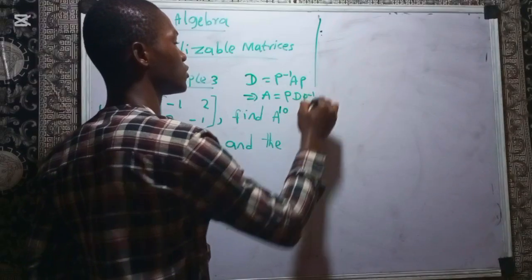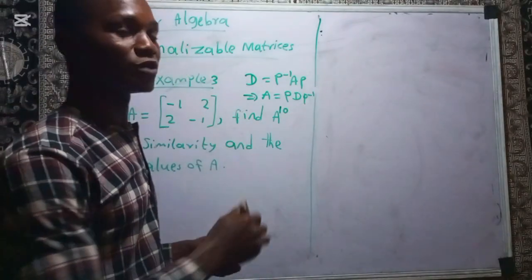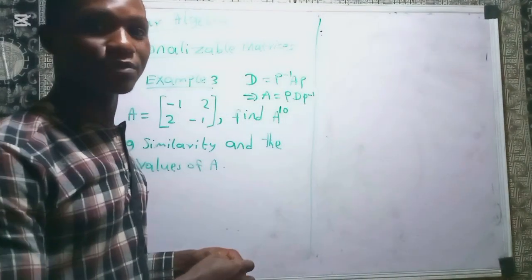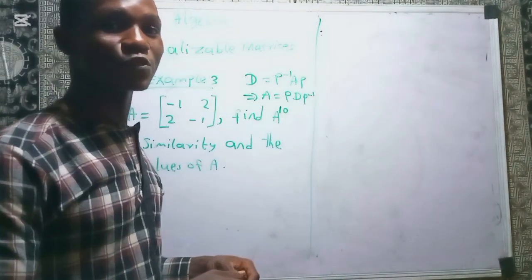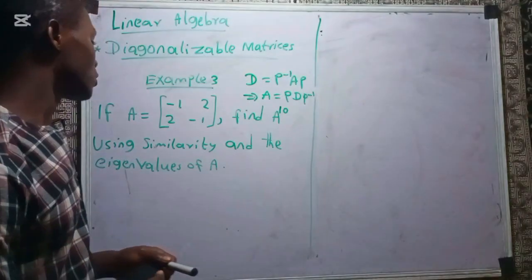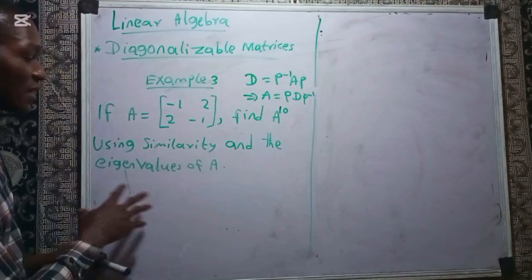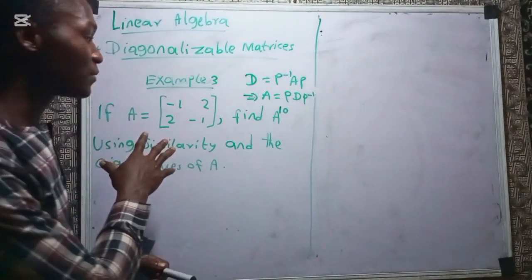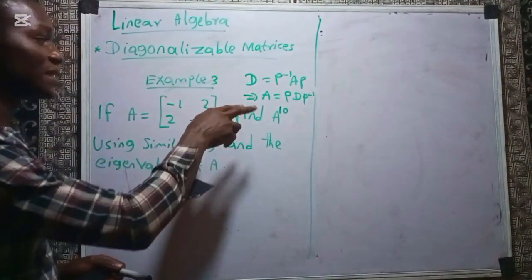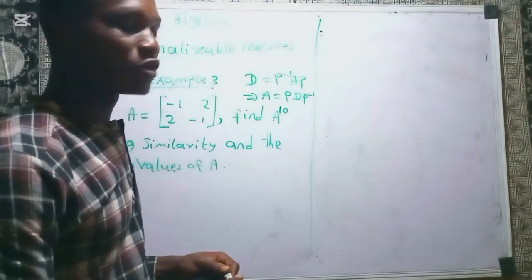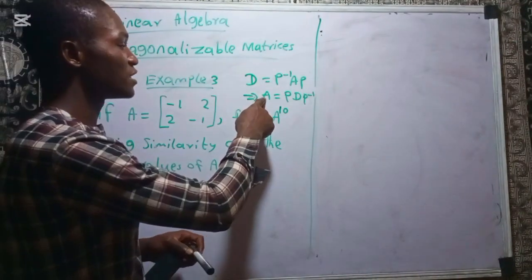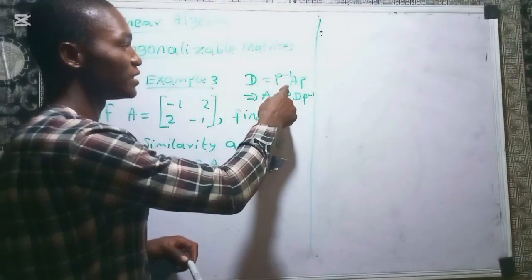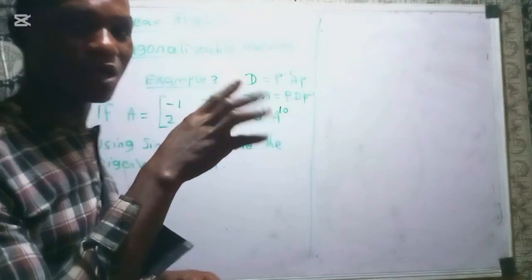So all these things simply mean that your matrix A will be similar to a diagonal matrix D. So in that, we want to use similarity and eigenvalues of this matrix A given to us on the board to evaluate A raised to power 10. Because matrix A will be equal to P D P inverse, we need to get this matrix P, this invertible square matrix P.